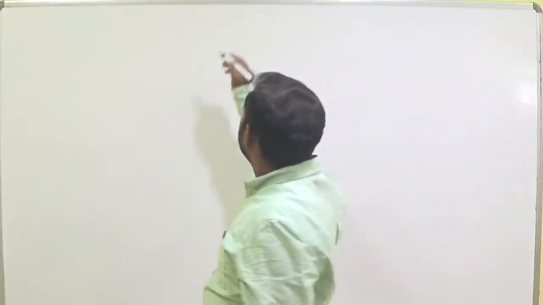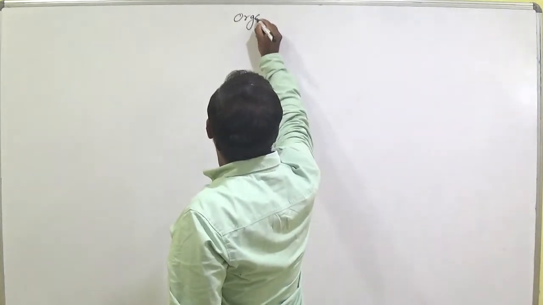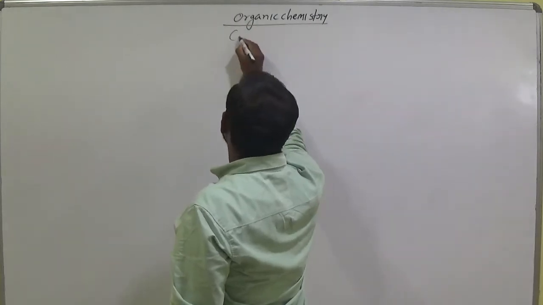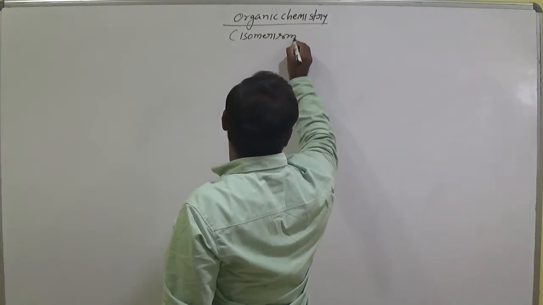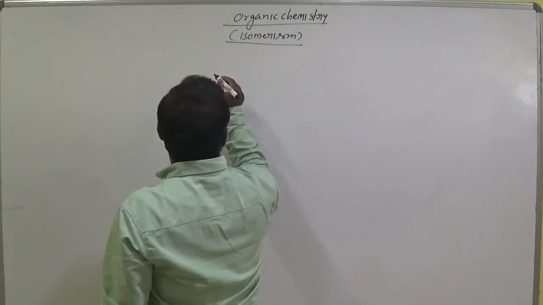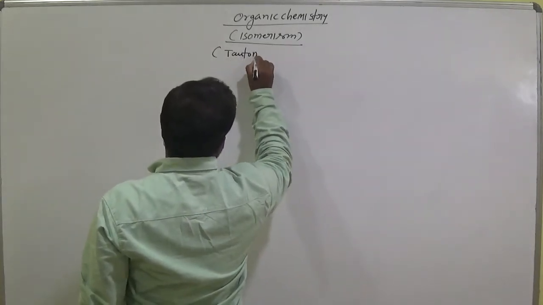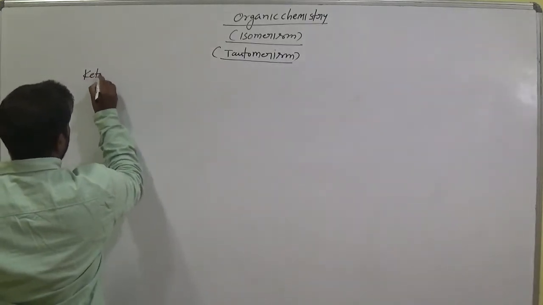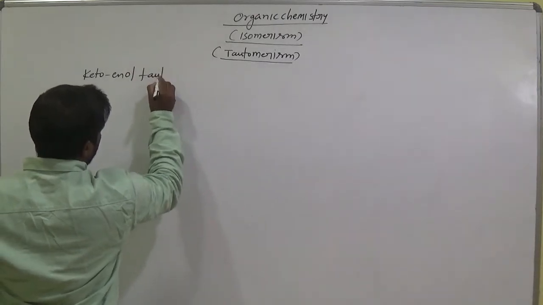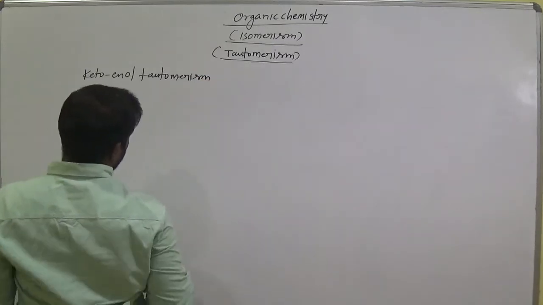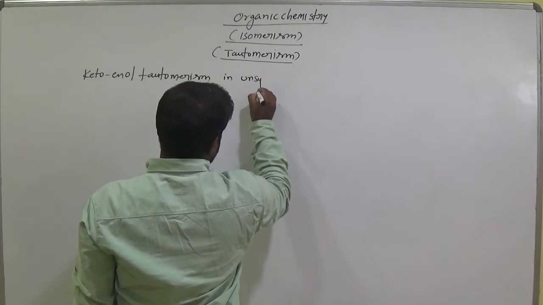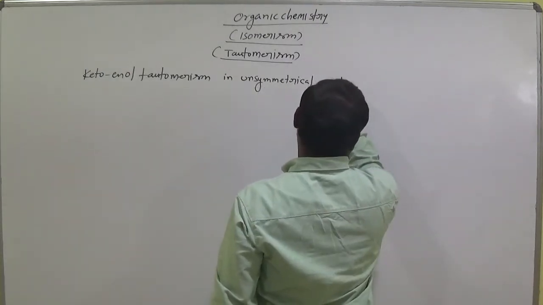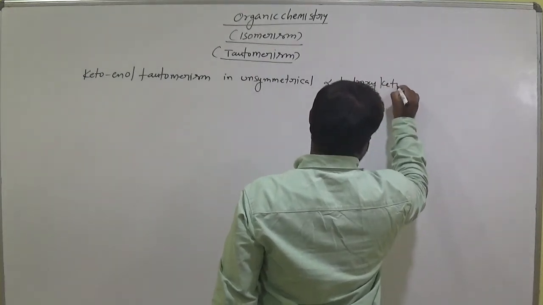Okay, so keep the heading: tautomerism. Keto-enol tautomerism in unsymmetrical alpha hydroxy ketone.